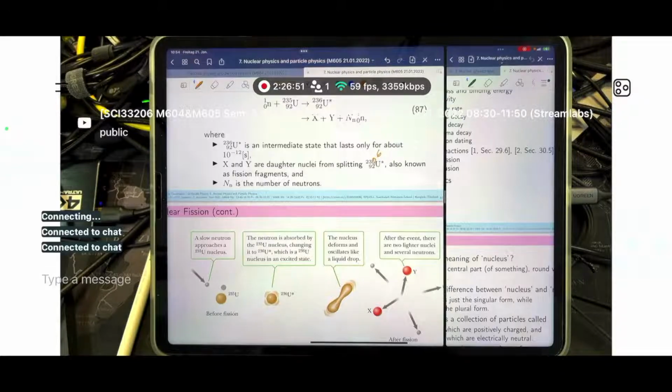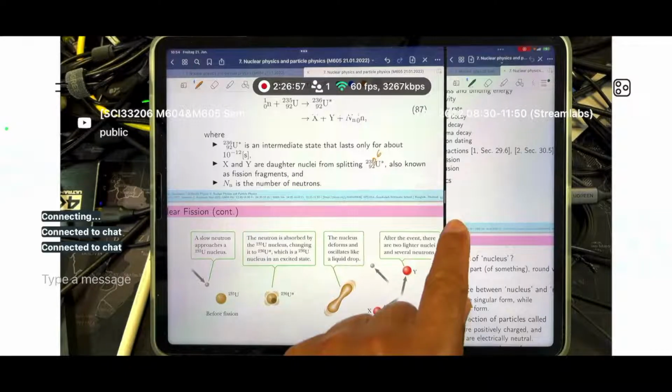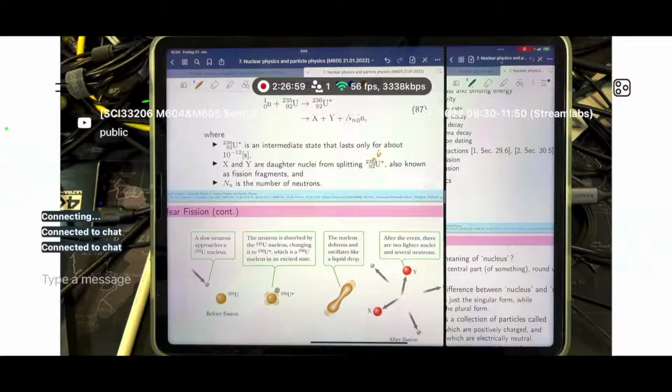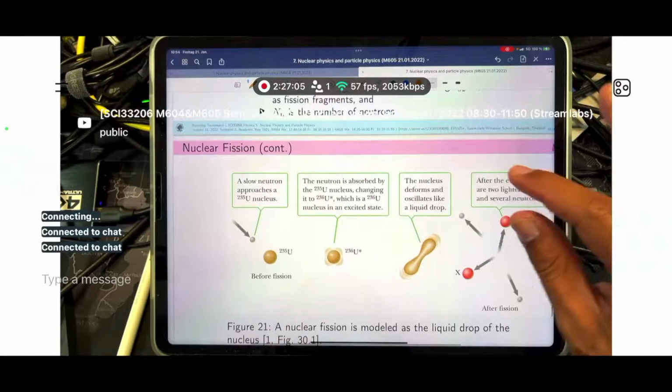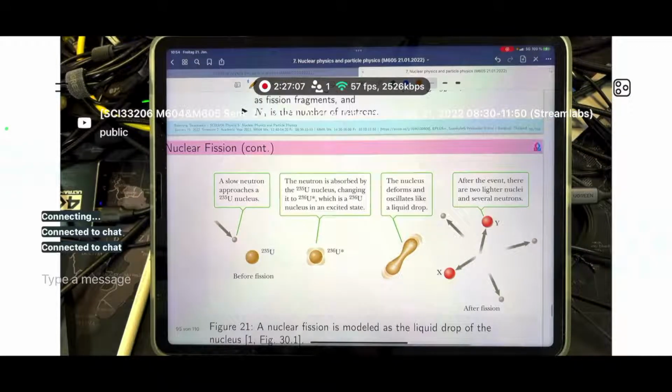The neutron is absorbed and just stays inside the nucleus. It becomes uranium-236 with a star. Uranium star means it remains in the excited state.